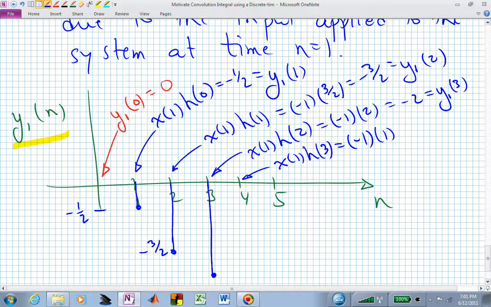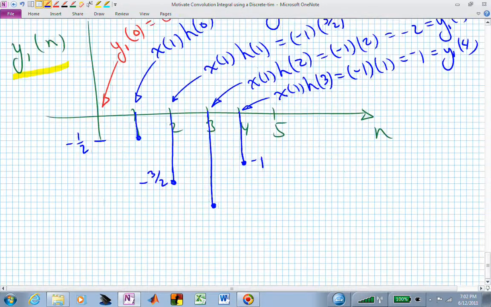The pulse response at time 3 is 1, and we have then minus 1, and that's y sub 1 of 4. That now produces the component of the output response of our system due to the input at time n equal 1.